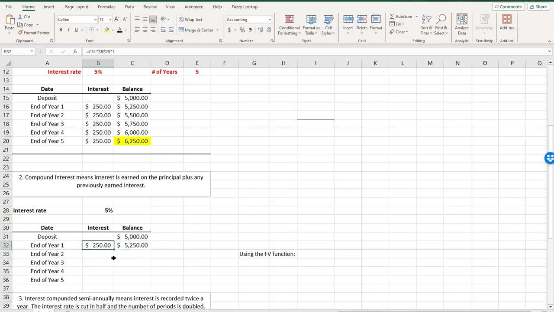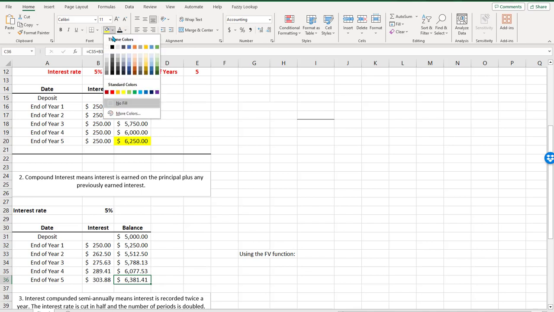Now, we're going to drag this down. Every year, you're going to see what happens. What happens is, as our balance goes up, our interest goes up. So the amount of interest we earn every year increases. And it'll keep increasing if you left the money there. So with compound interest, at the end of 5 years, they're going to have a balance of $6,381.41. So they earned interest on their interest.